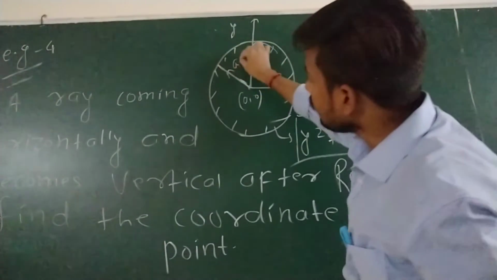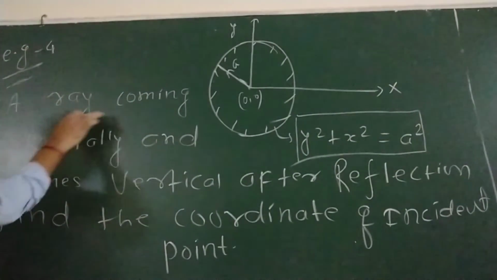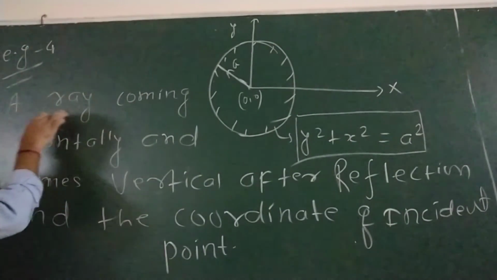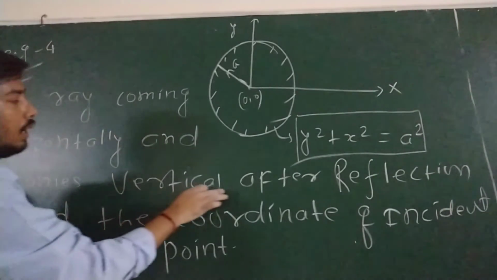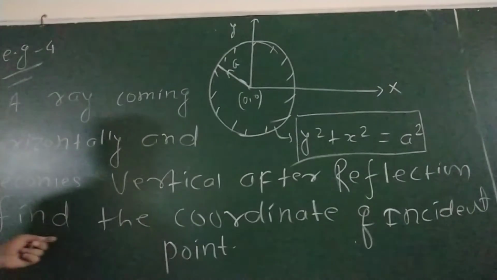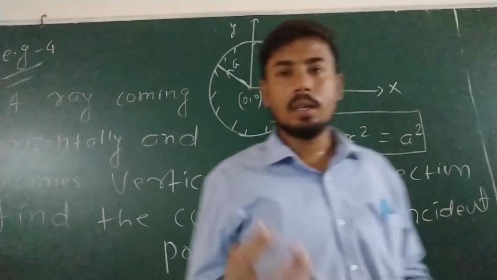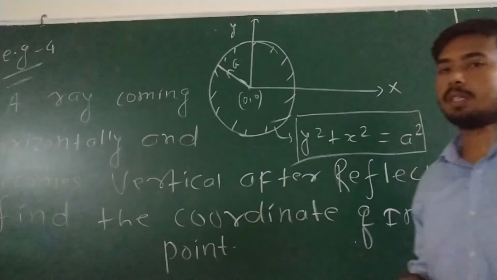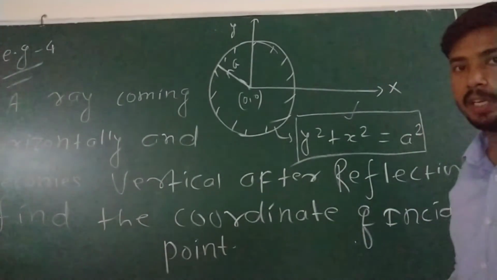Now read the question. A ray coming horizontally becomes vertical after reflection. Find the coordinate of the incident point. This question seems the same as the previous question, but here the equation is changed.